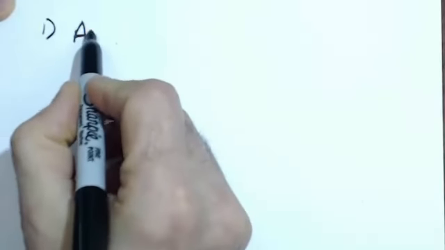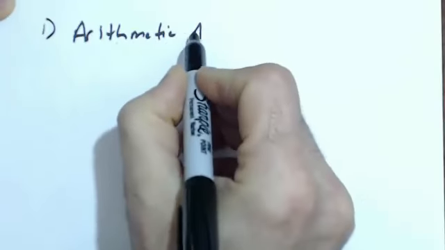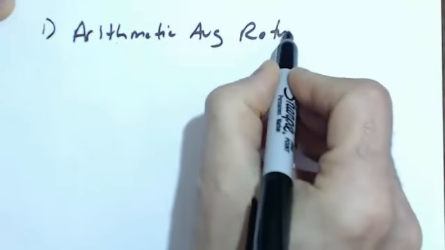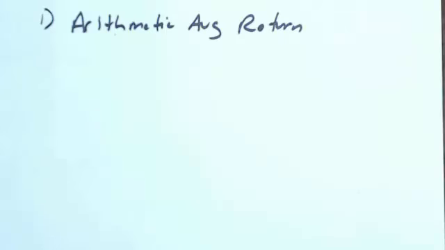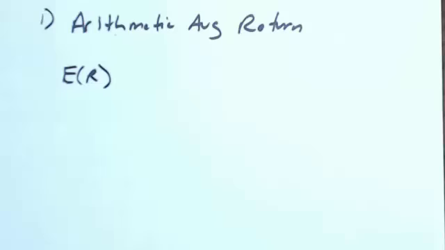Now, let's talk about two types of averages, average returns. First is an arithmetic average return. That's fairly straightforward, though symbolically maybe not too straightforward for you.